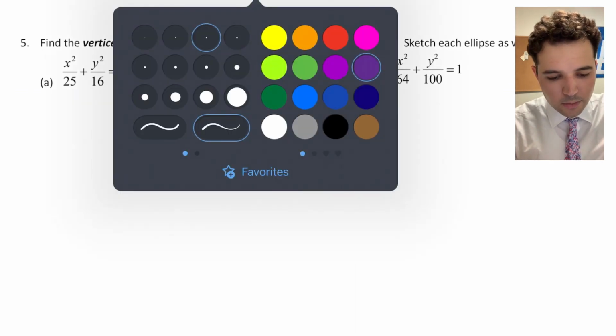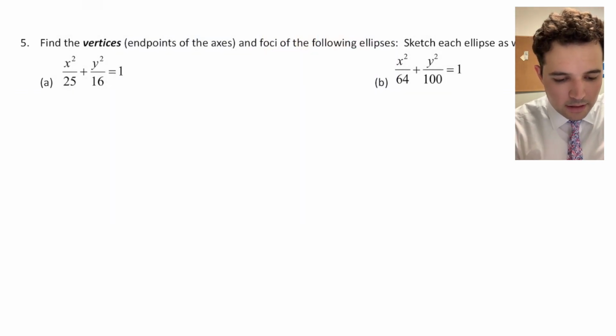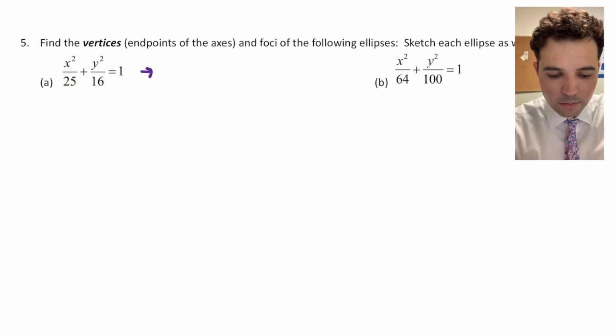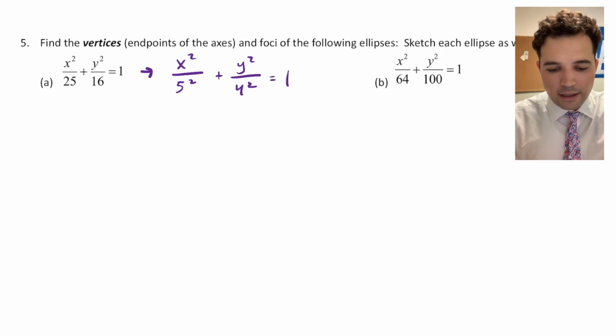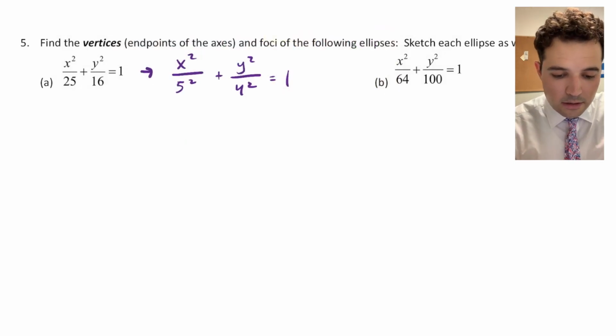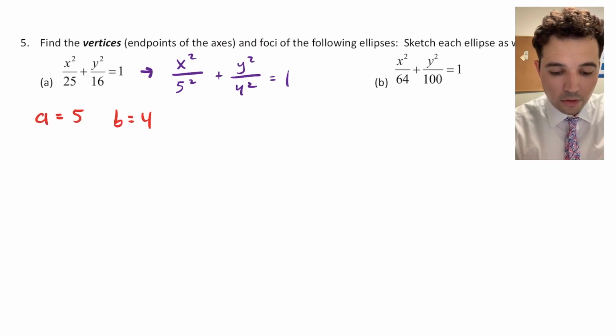If you take a look at this problem right here, this is the equation for some ellipse, and we can learn a bit more about it by turning this 25 into 5 squared and this 16 into 4 squared. And now this tells us this must be an ellipse, and it's an ellipse with an a value of 5 and a b value of 4.